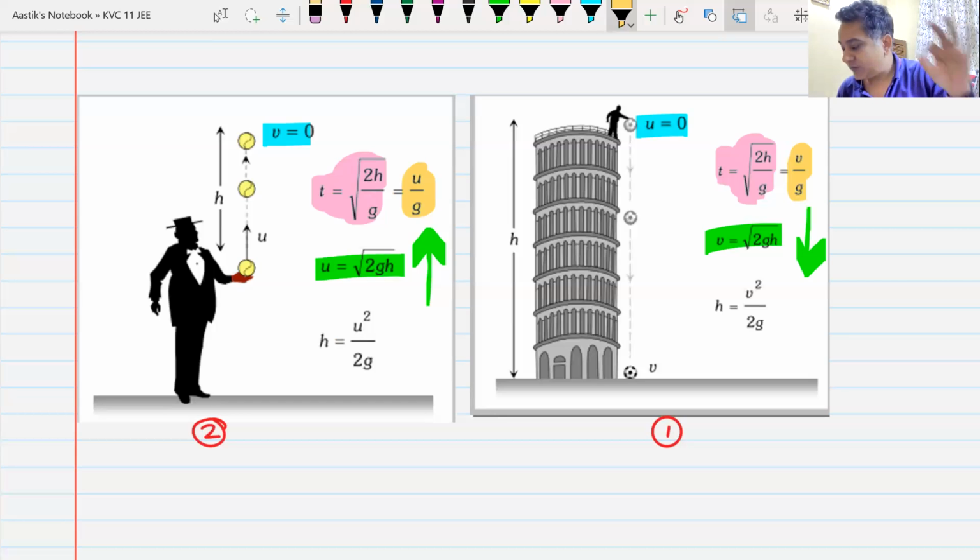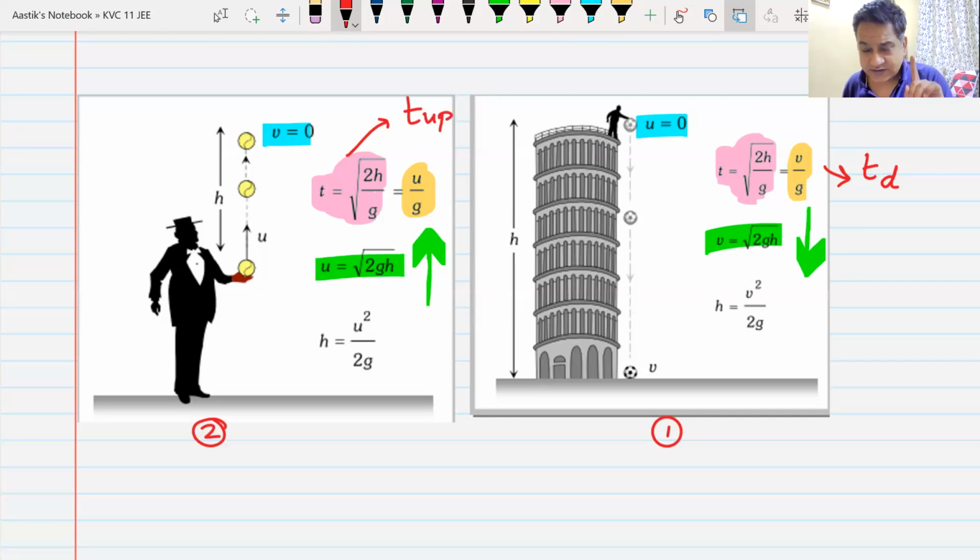Understand one thing also very clearly. In this case, this is the time taken to go down, TD. In this case, this is the time taken to come up. Do we understand this? Now you'll say, sir, what is the difference? In one case, it is going up. In the second case, it's coming down.